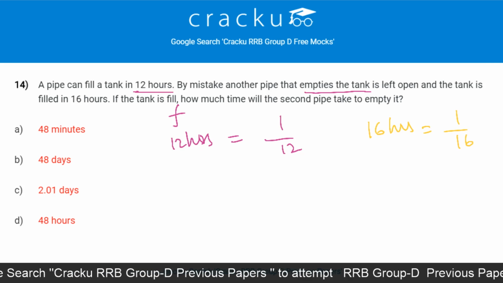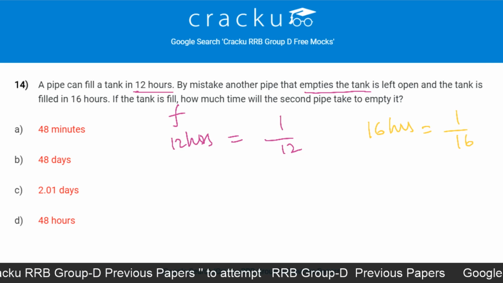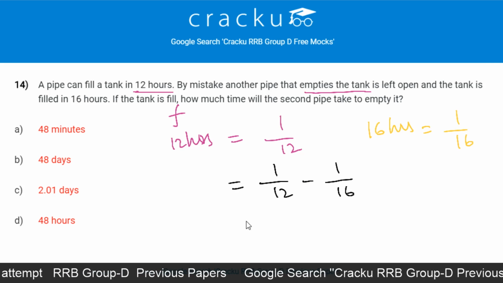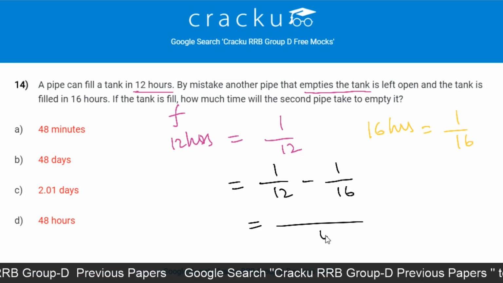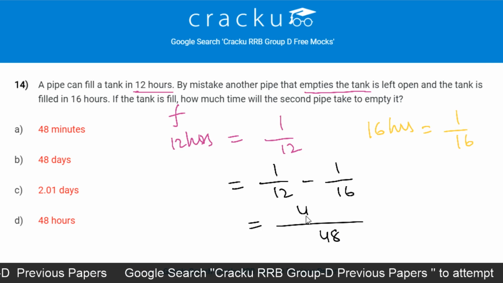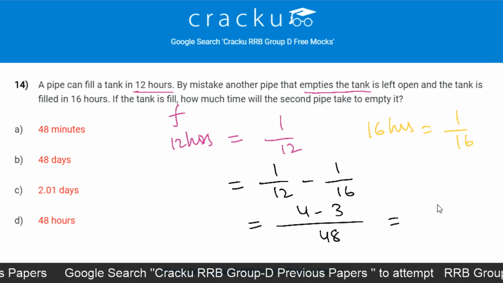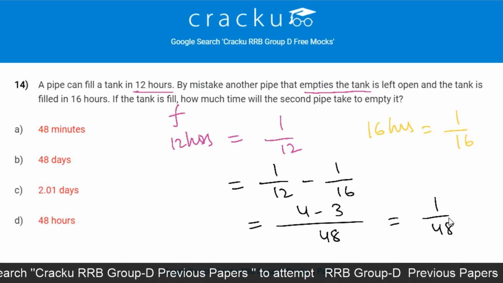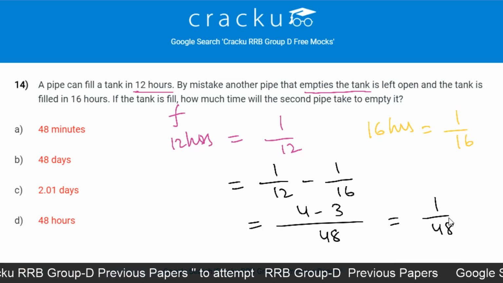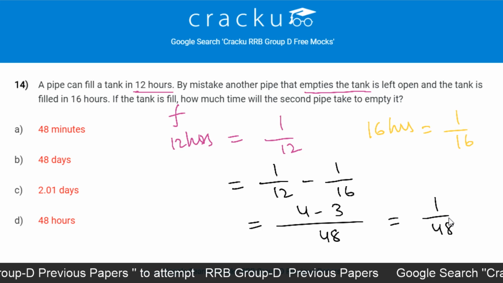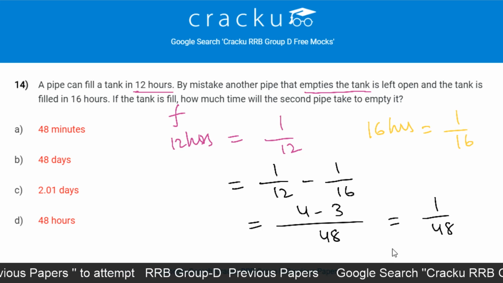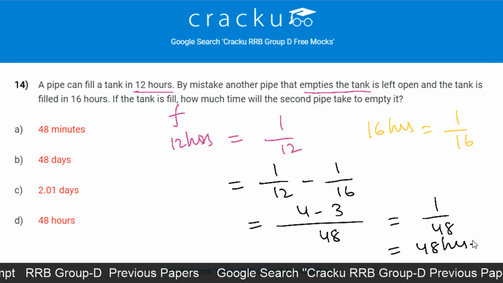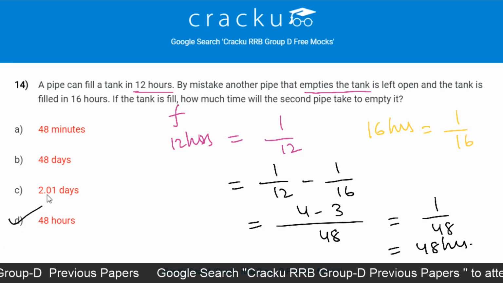So the work done by the second pipe to empty the tank per hour is 1 by 12 minus 1 by 16. The LCM is 48, 12 fours, 16 threes. It's going to be 1 by 48. So 1 by 48 is the amount of work done by the pipe to empty it. So how many hours will it take? It is going to take 48 hours to empty the entire tank. So the answer for this question is option D.